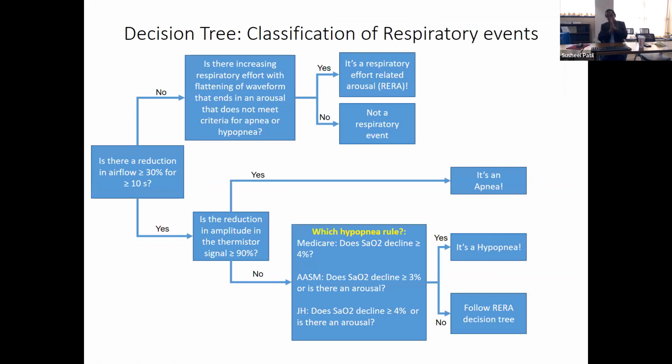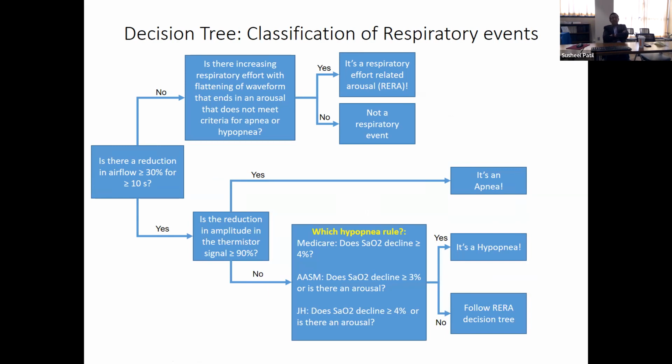This is a decision tree I put together for thinking about how you classify respiratory events. Once you define the beginning and the end, is there a reduction in airflow of at least 30% for at least 10 seconds?